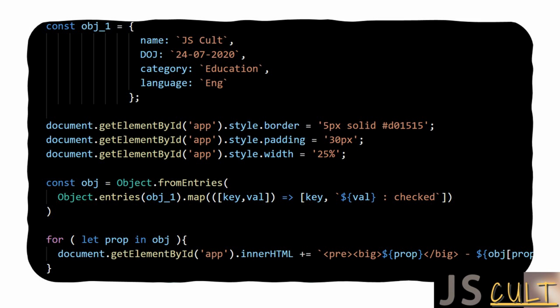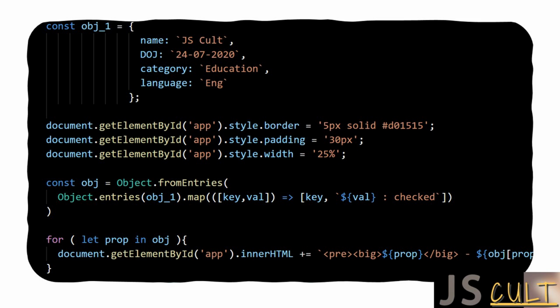In this next example, again we define the same object. Now, I'm going to modify each of these values, for example, appending a text. Let's start by converting it into a key value paired array using our Object.entries method. Then apply a map function on that.